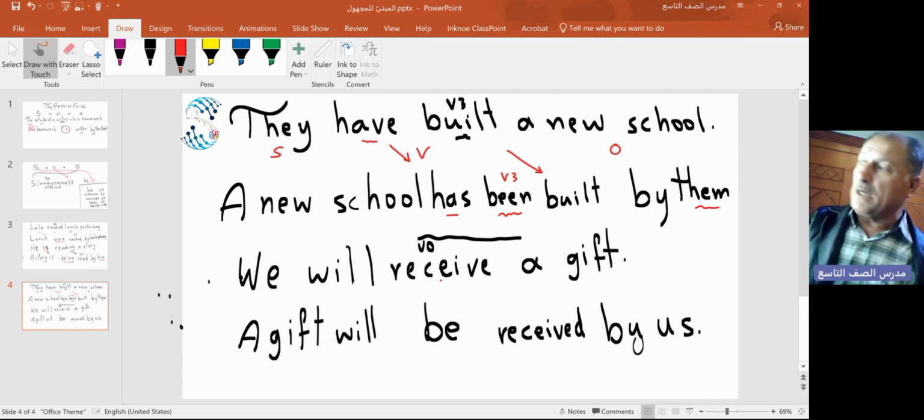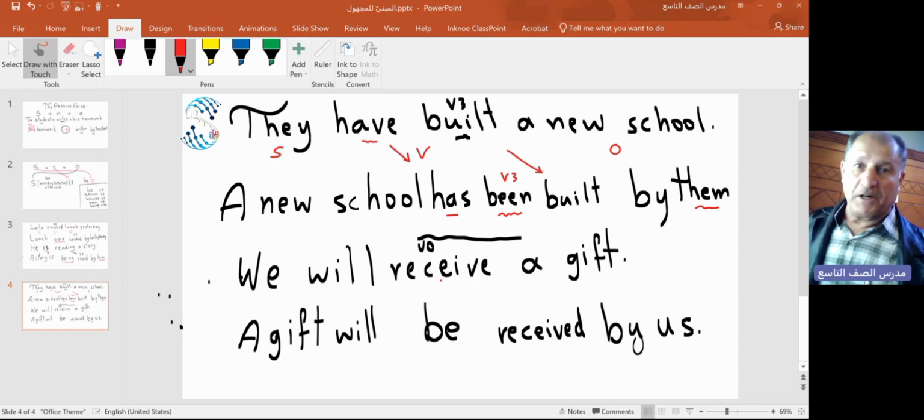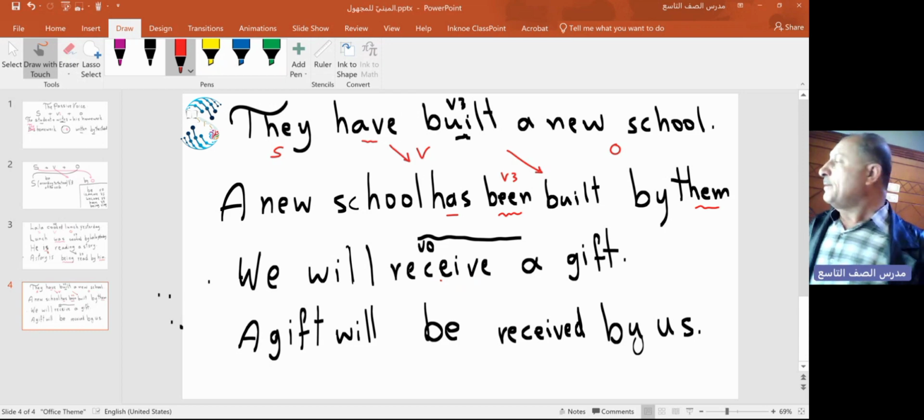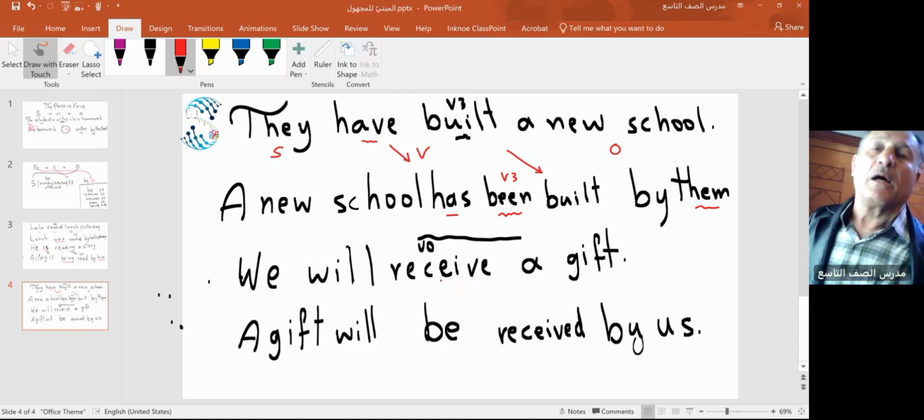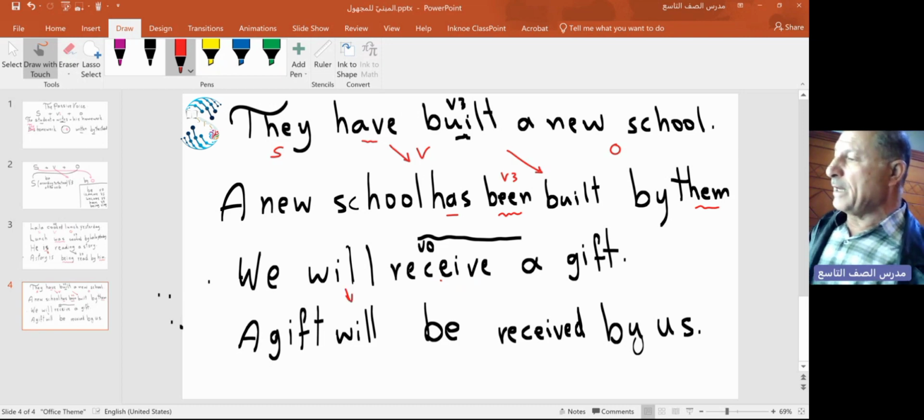We is the subject, will receive is the verb, the main verb is receive, and a gift is the object. Now, in the passive voice, a gift becomes the subject, it replaces the subject. Will remains the same, and we use will with all the pronouns.